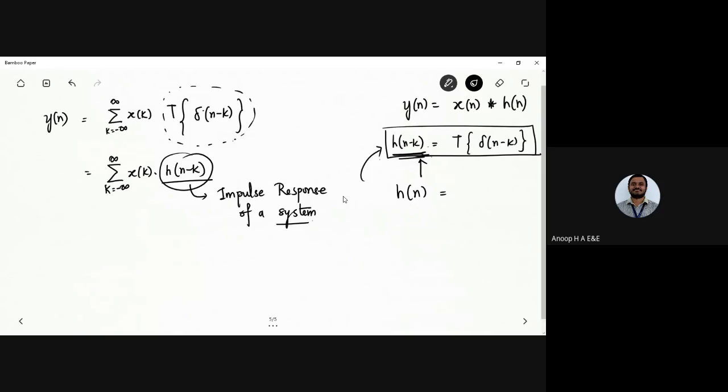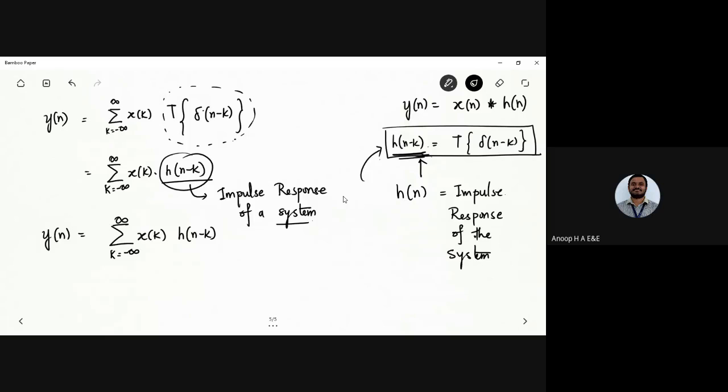So now I have y of n equal to sigma k equals minus infinity to plus infinity x of k times h of n minus k, right?